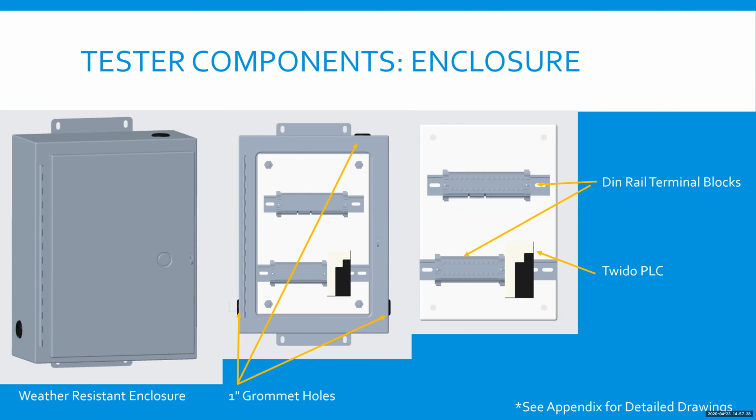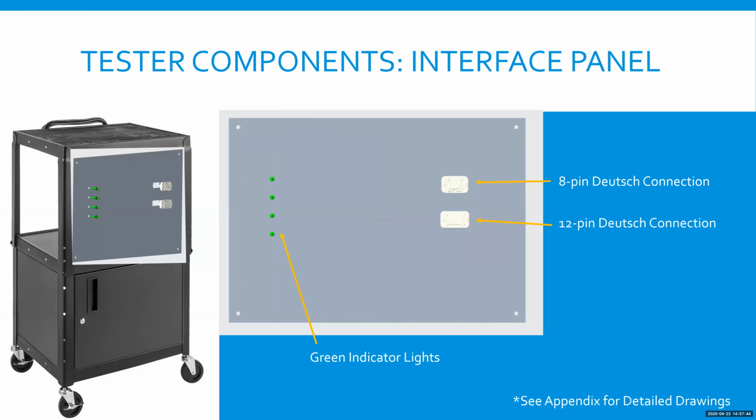To see further detailed drawings of this, you can see that in the appendix. And then for the interface panel, that's kind of the placement of where that would be. We can further enclose that space if need be. And there's plenty of space on the interface panel to expand for more lights and more connection points.